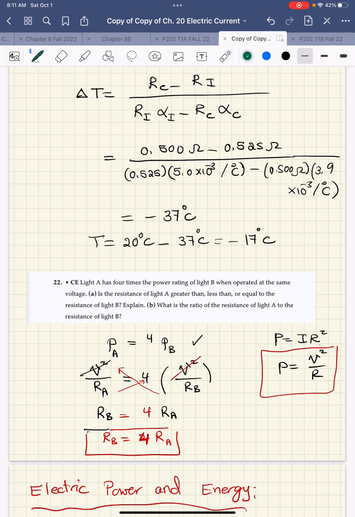We put the equation for the power, and because they are asking about the resistance, I should use the equation for the power, which is V squared over R. Since the voltage is the same, it's going to cancel. I can cross multiply, and then RB is going to be 4RA, or we can say RA is 1/4 of RB.